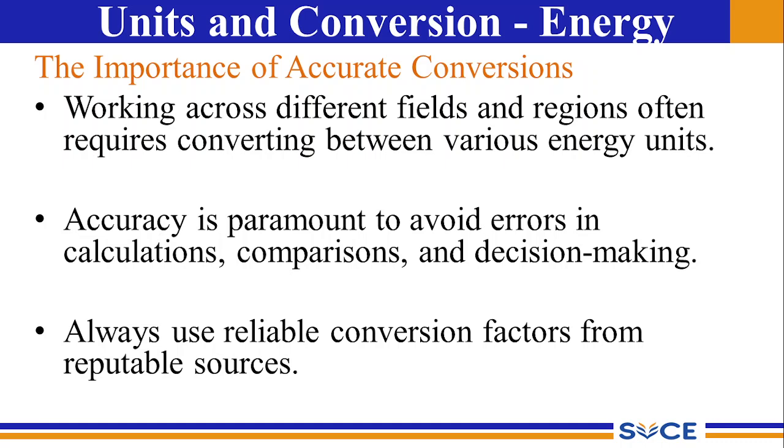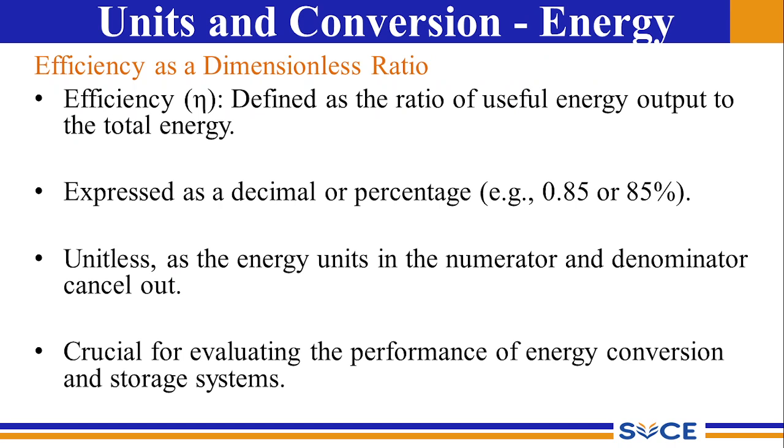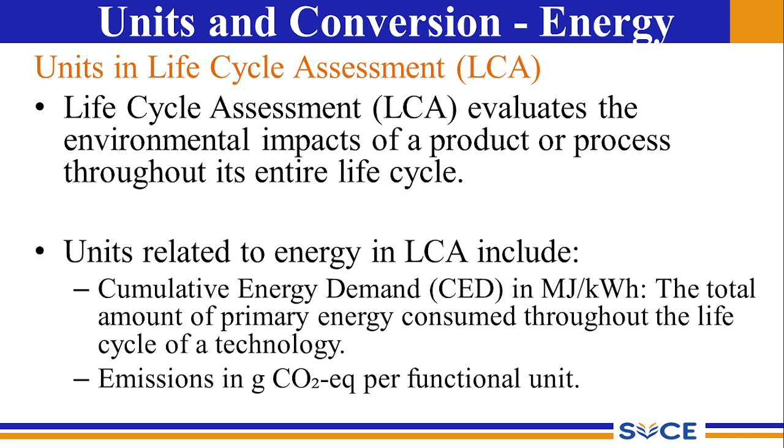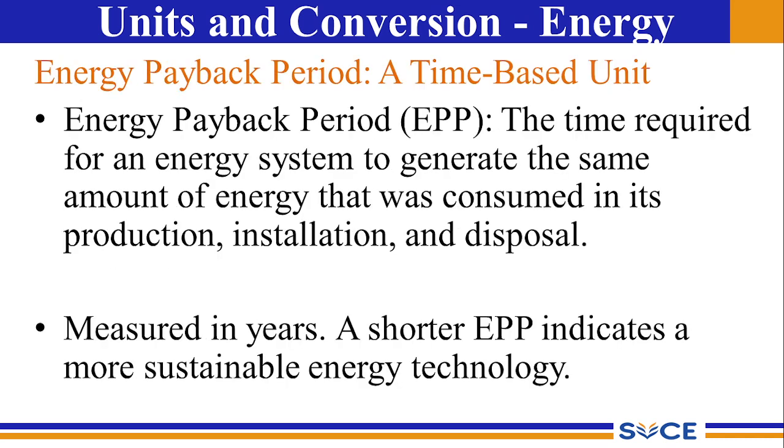Then we saw about your energy density and specific energy calculations. Finally, we saw about the temperature calculations and flow rate calculations. At the end, we saw about the terminology efficiency and its unit. And towards the end, we saw about greenhouse gas emissions, about the use of CO2 equivalent per kilowatt hour, and life cycle assessment and energy payback period.